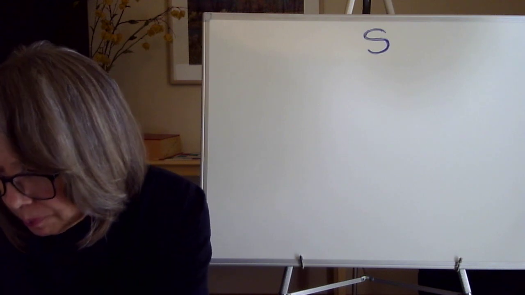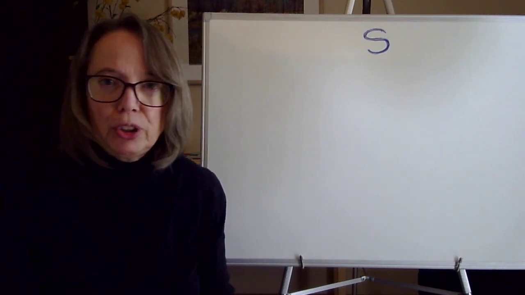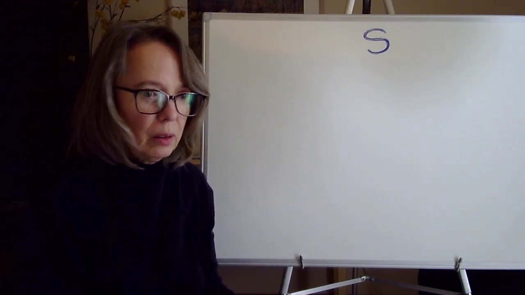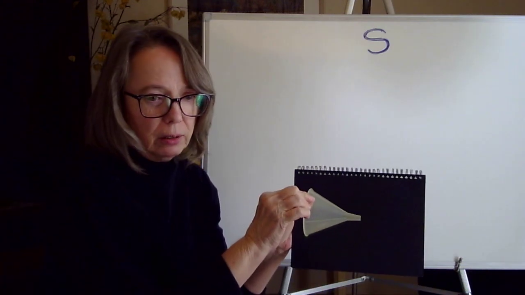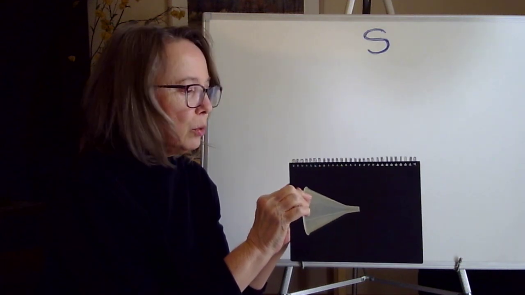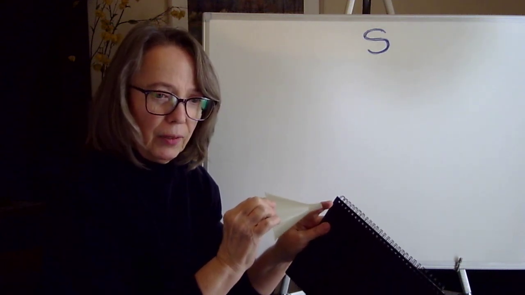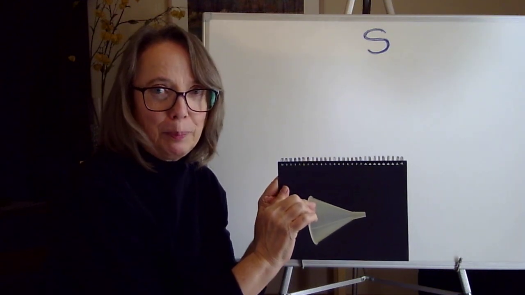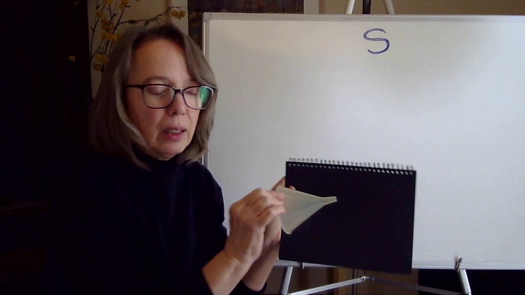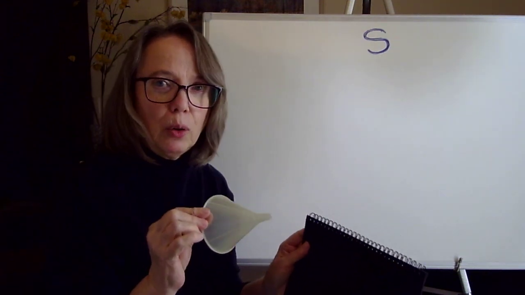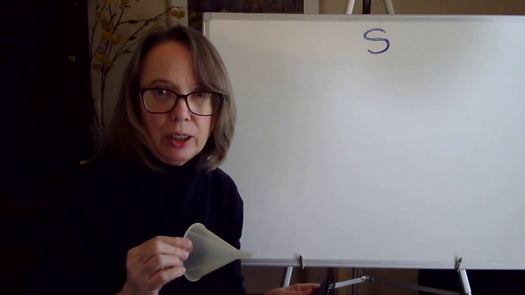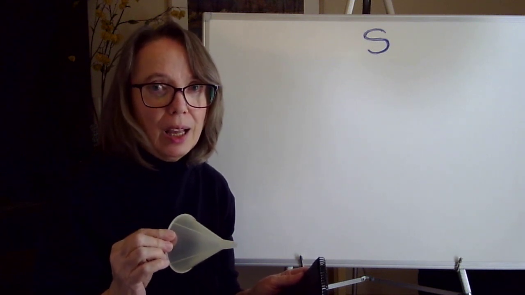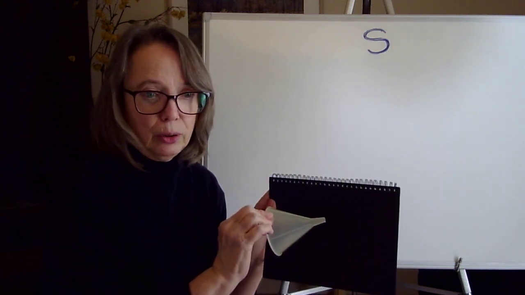Now, what you're making when you put your tongue in that position is a funnel. So to make this end of the funnel requires a lot of tongue muscle. And this end is going to be very, very close to the tooth. Almost touching, but not quite touching the tooth.